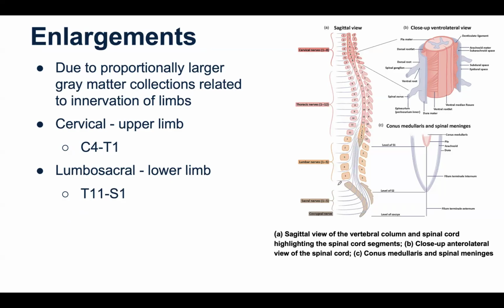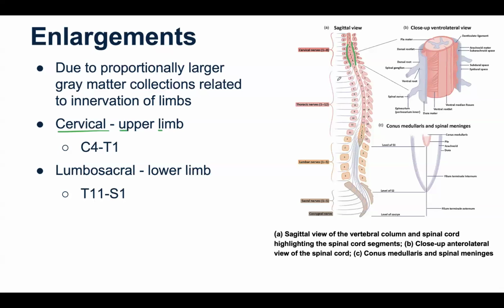There are 2 enlargements of the spinal cord, and these are caused by a proportionately larger gray matter collection related to the innervation of the limbs. So there is a cervical enlargement of the C4 through T1 spinal segments, and this will innervate the upper limb. So that enlargement is in this general region.